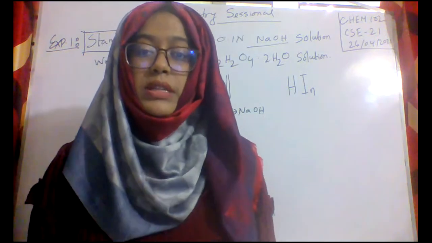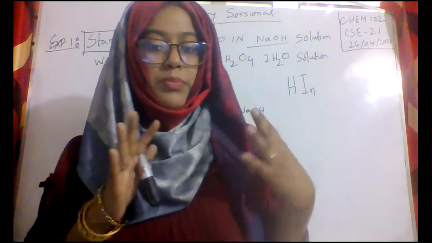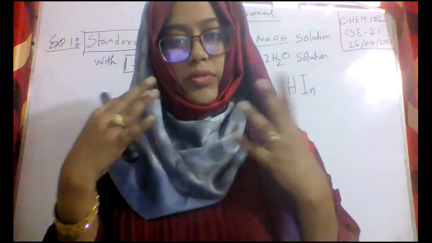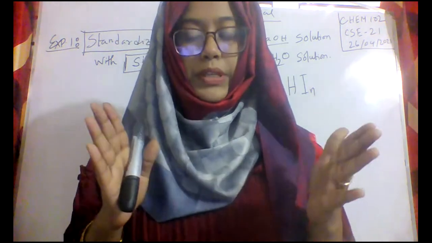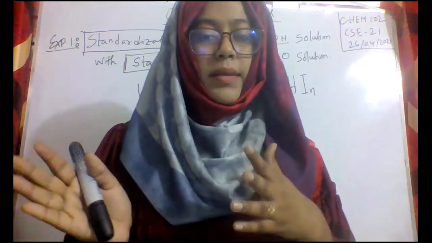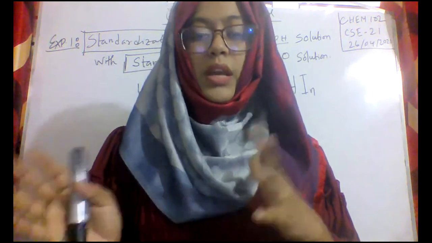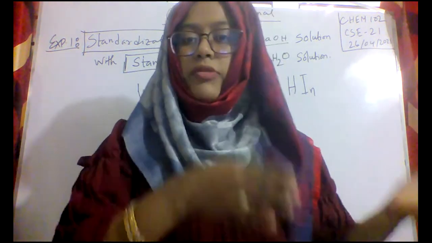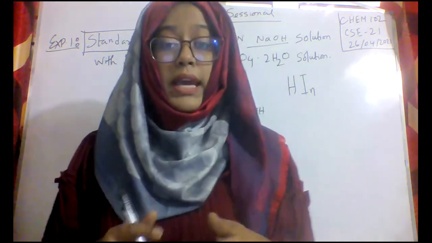Actually, the definition is that equivalent point or neutralization point is the point where equimolecular amounts of H plus ion and OH minus ion are present. Acid and base means H plus and OH minus. Both are the same. If you say acid and base, it's okay. If you say H plus ion and OH minus ion, that's also okay.